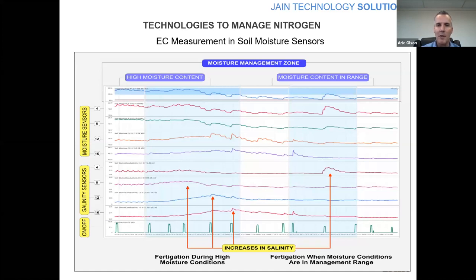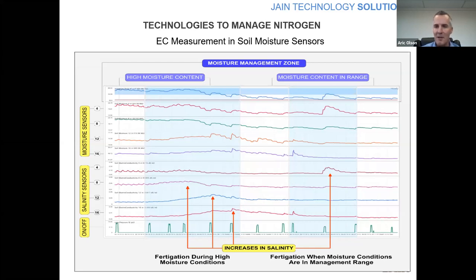Now, if you look at the graphs over on the right-hand side, we irrigated within a proper management zone between field capacity and a management zone. You can see that the salinity increases at the 4-inch level. There's a nice hump there, and that hump shows the fertilizer.